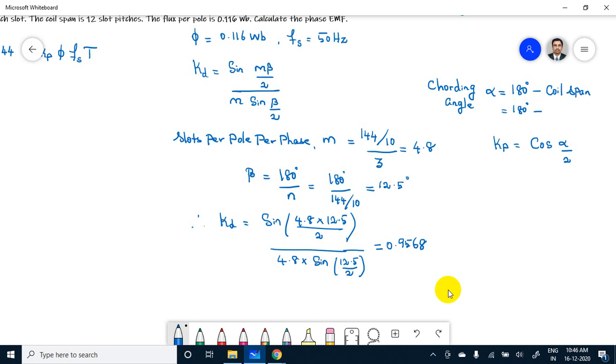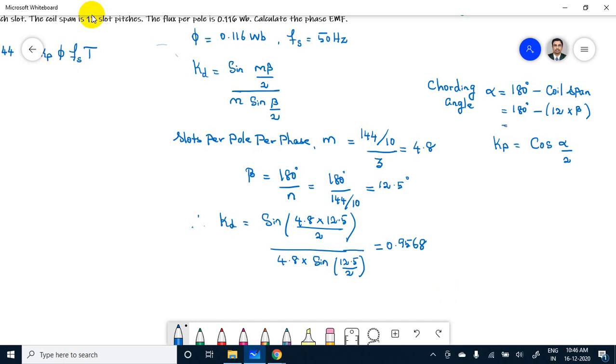Coil span, it is there in your question. Coil span is 12 slot pitches. So 12 into angular displacement beta.